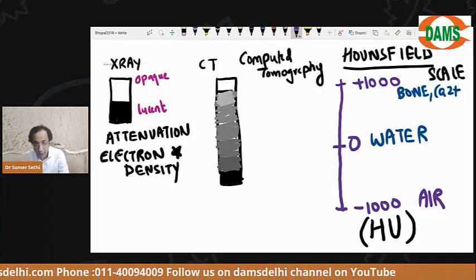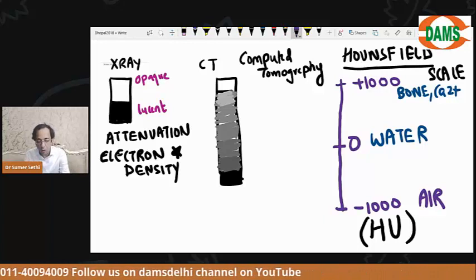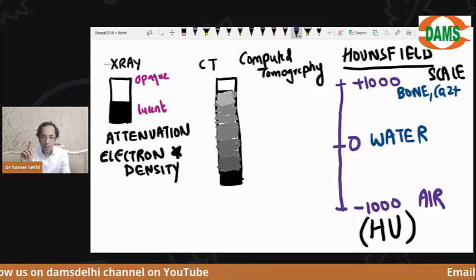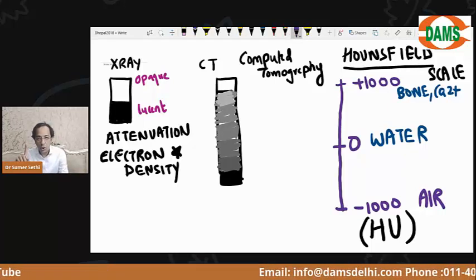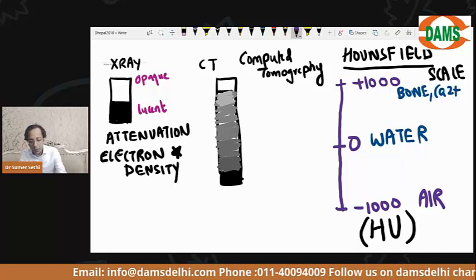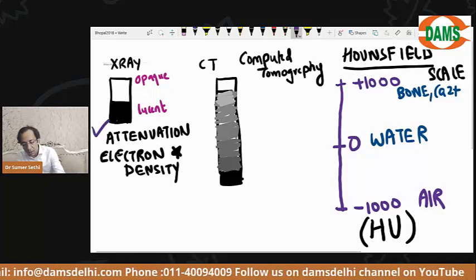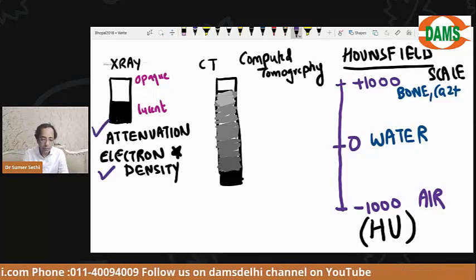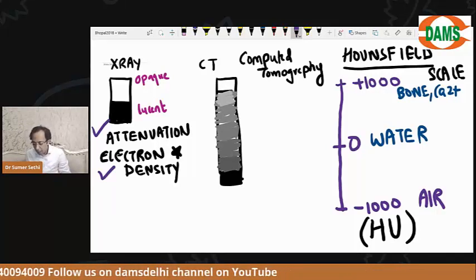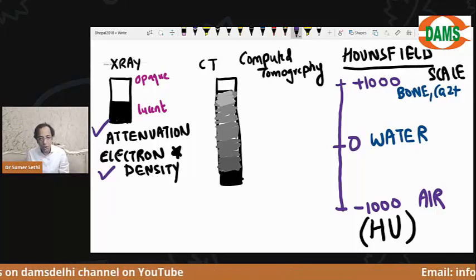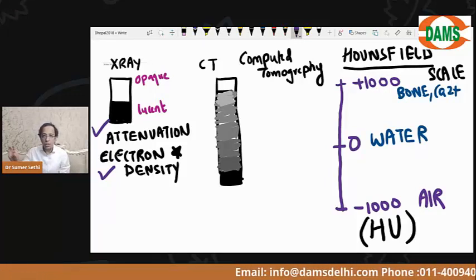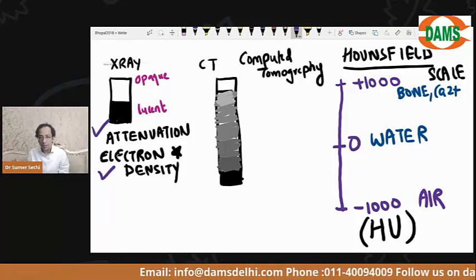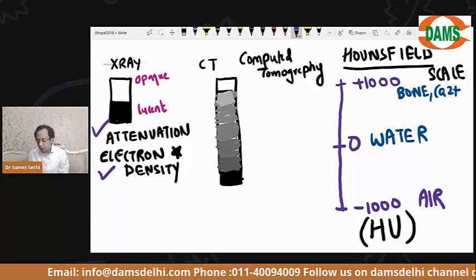Okay, everybody understands? So I am repeating. I want you to remember these lines. Remember, the Hounsfield scale is based on tissue attenuation, which is a property of electron density. It ranges from -1000 to +1000. 0 is water, +1000 is bone or calcium, -1000 is air.